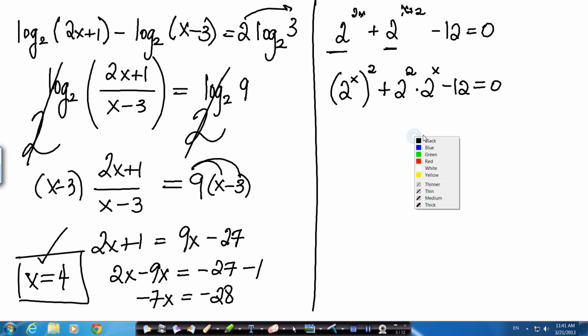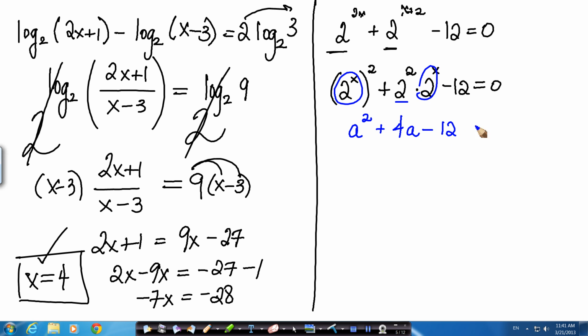So now I'm going to substitute for my 2 to the x. I'm going to say this is a squared plus 4a minus 12 equals 0. So what I've done here is I've just said a is the same thing as 2 to the x.